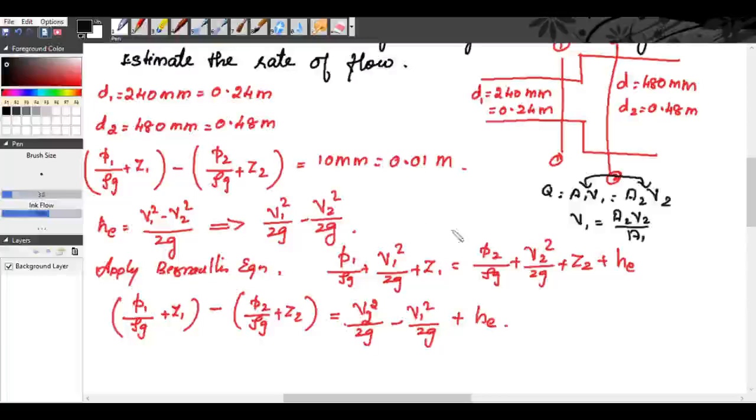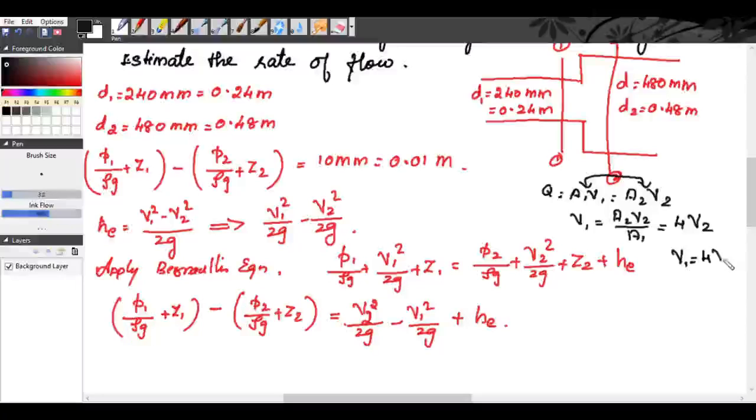So what is A2? Pi into D2 square by 4. A1 is pi into D1 square by 4. You substitute D1 is equal to 0.24 and D2 is equal to 0.48 meter, and we get V1 is equal to 4 times V2.